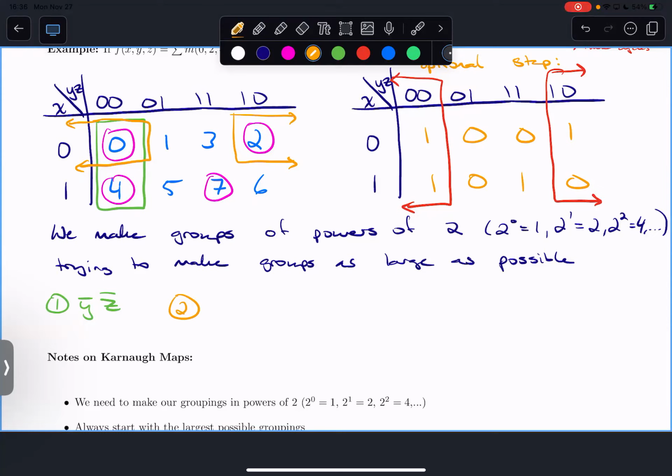How can I summarize my second group? So X is off for both of those. Y is off here and on here, so that's not steady, right? But then here, Y is off, Z is off, Z is off. So I can summarize this as X is off, Z is off.